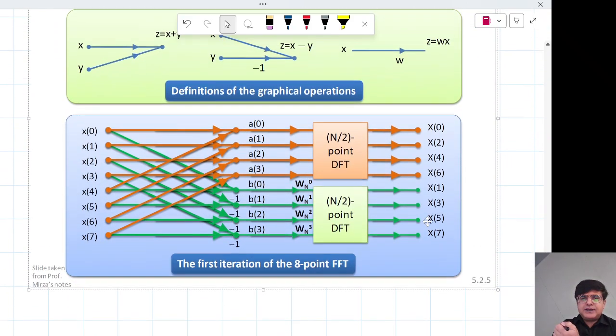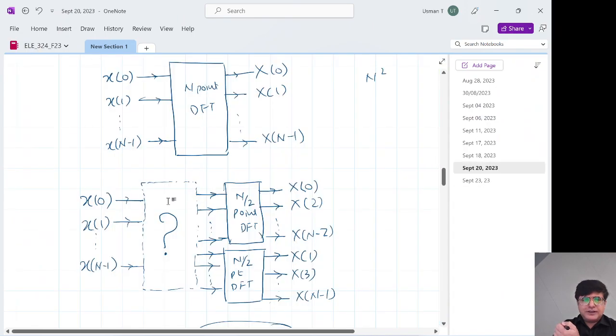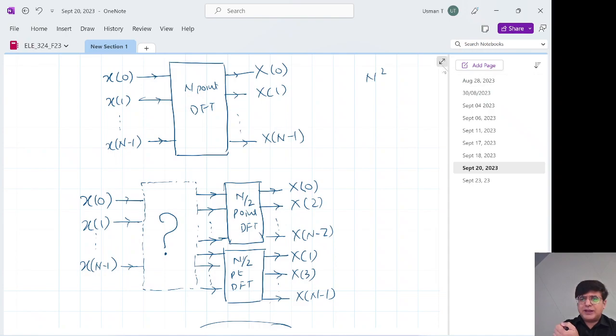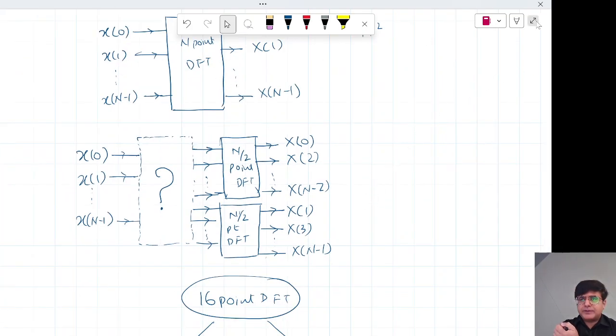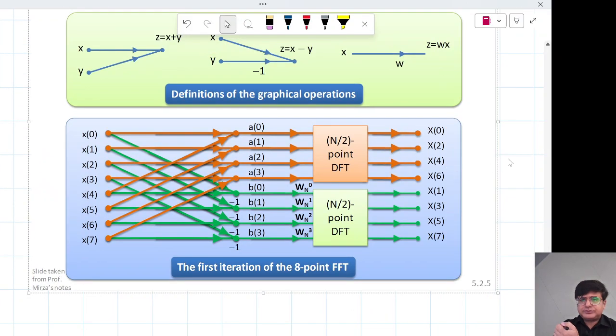Now let's say this is that something that we talked about here. This something is what we have over here. This is an n over 2 point DFT, this is an n over 2 point DFT, and the output is the even index DFT coefficients, and here the output is the odd index DFT coefficients.